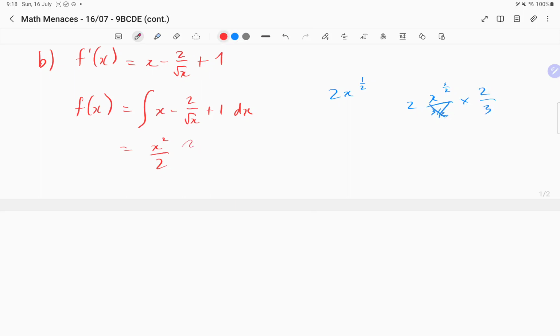So that will be minus 4 over 3 x to the power, oh sorry, this is negative 1/2, my bad. 2x to the power negative 1/2, so when add 1 to it would be 1/2, yeah. So times by 2 over 1, so that would be minus 4x to the power 1/2.